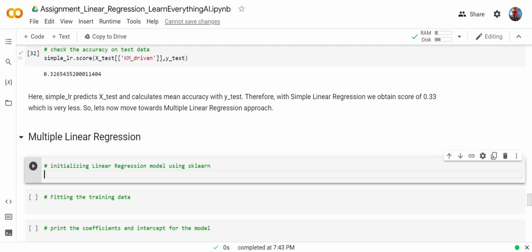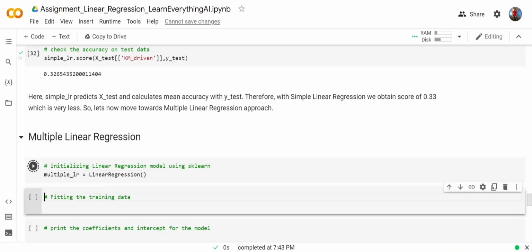So again, as we have already imported the module, we don't have to import it again and again. So we define multiple_lr as LinearRegression now. And once we have initialized it, we feed the training data into multiple_lr.